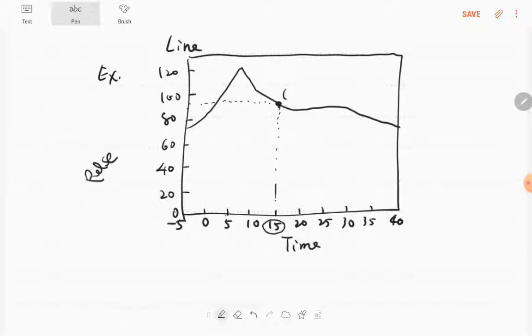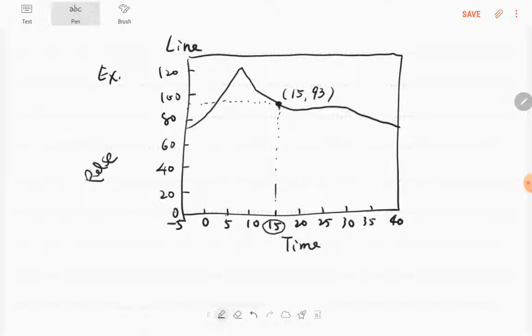The first value we write 15, then the second value something like 93. We can also use an ordered pair of numbers to represent this point.